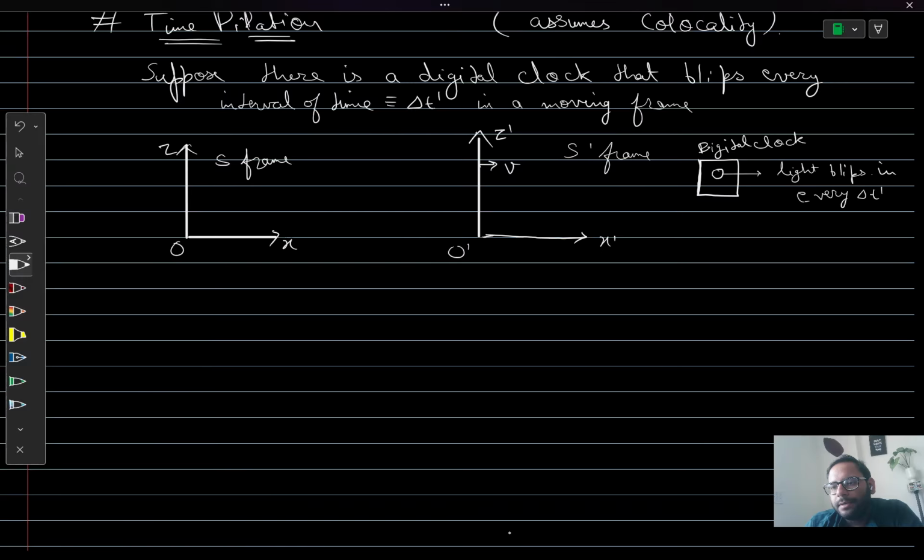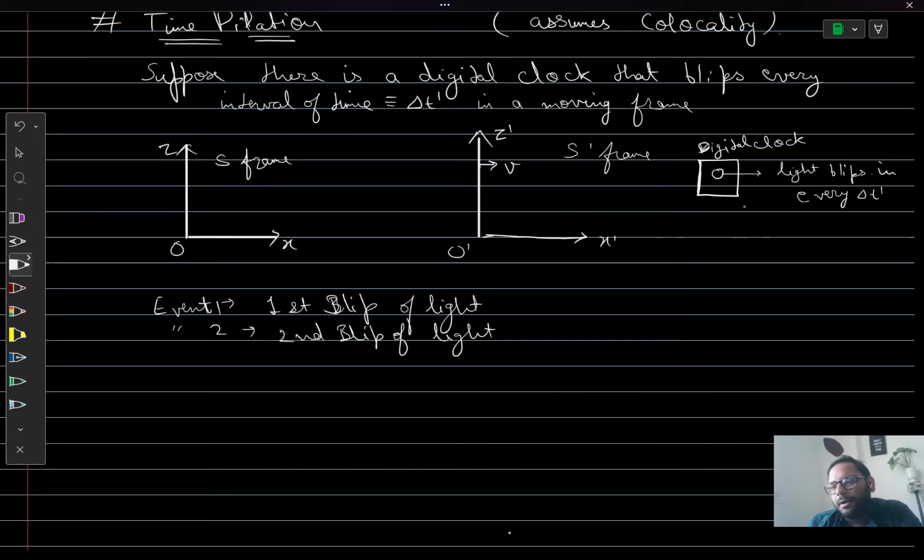And we are considering a digital clock because we want to assume co-locality of these events. Event 1 is described like the first blip of light, and event 2 is described as the second blip of light, and it is taking some time, that is delta t prime in this prime coordinate.